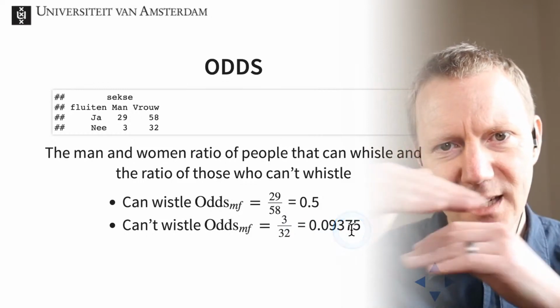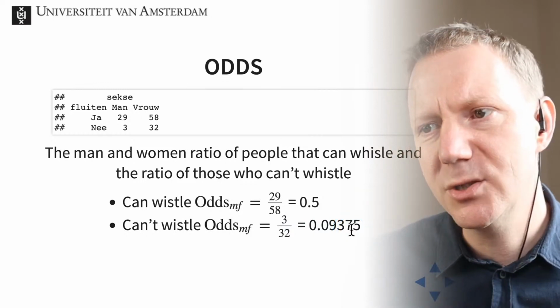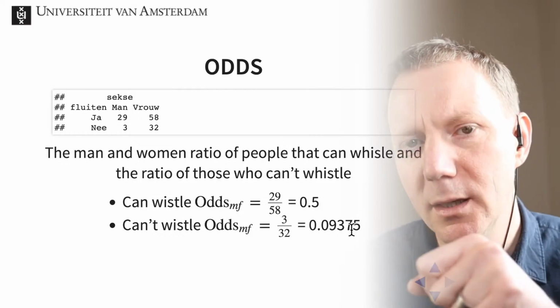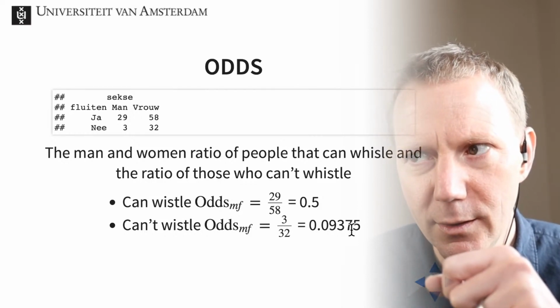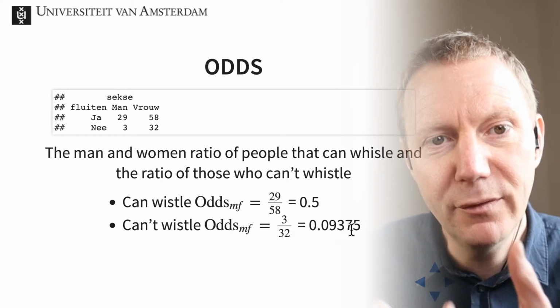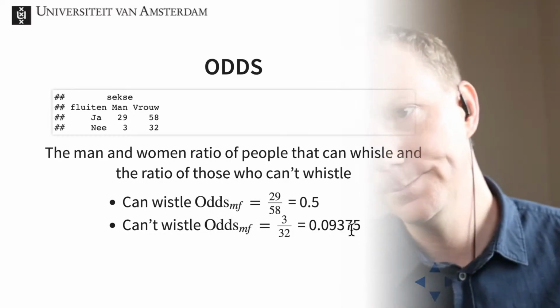So we see in this odds ratio the essential difference that's showing up in our data.